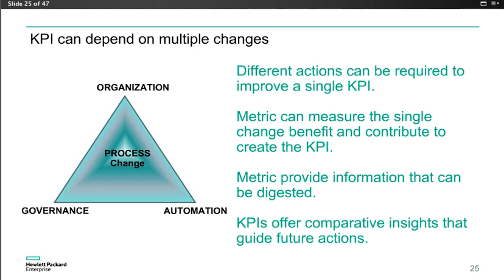For example, cost optimization can be one of the KPIs needed from the business. You can see that cost optimization depends on many aspects, many changes that you have to support in your organization.